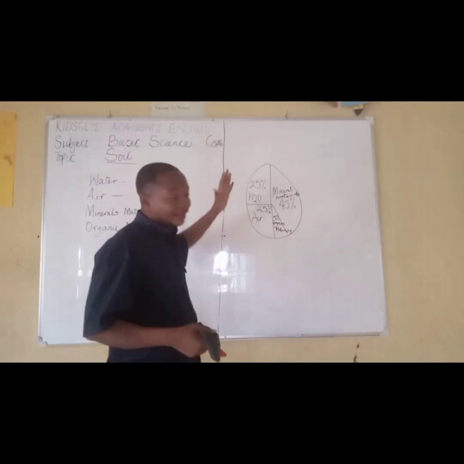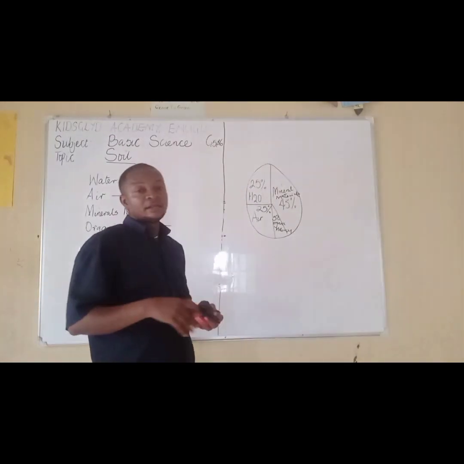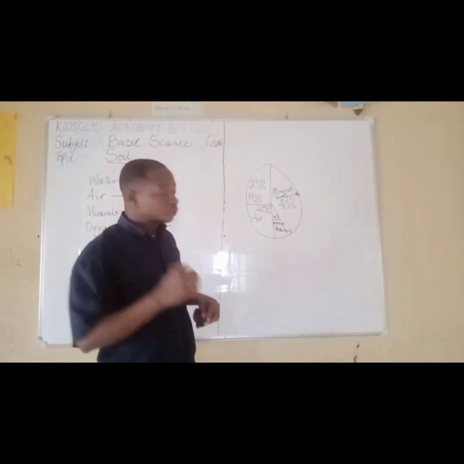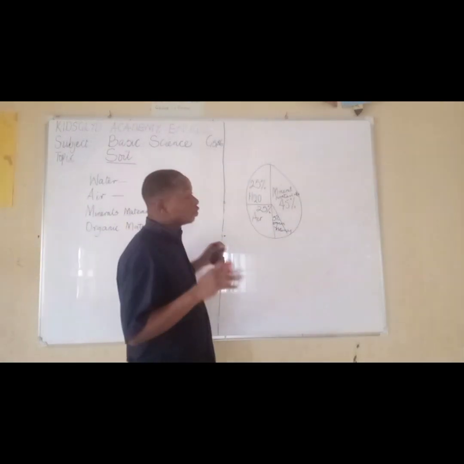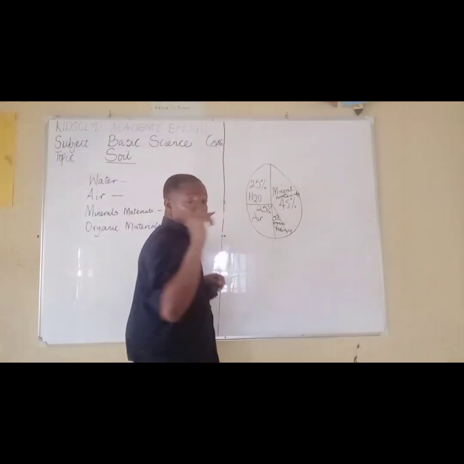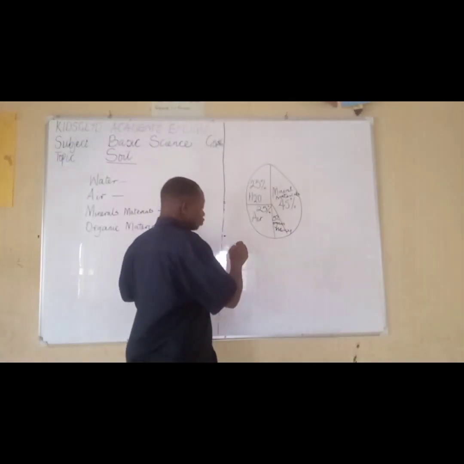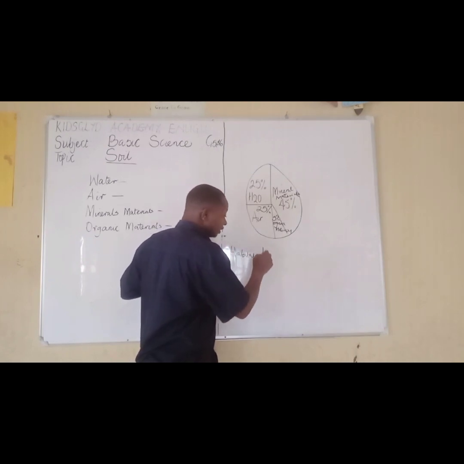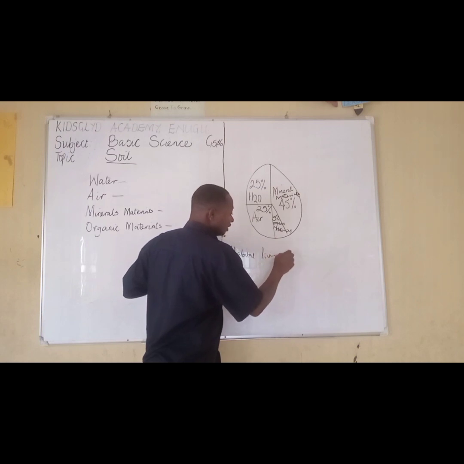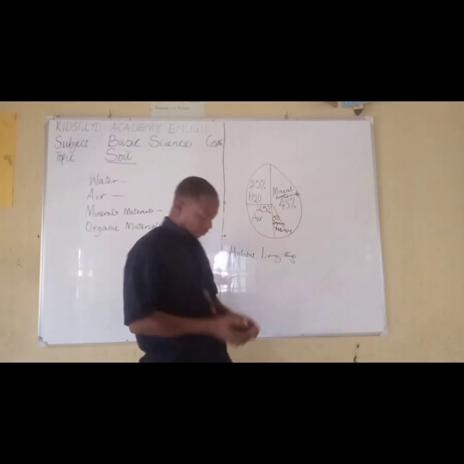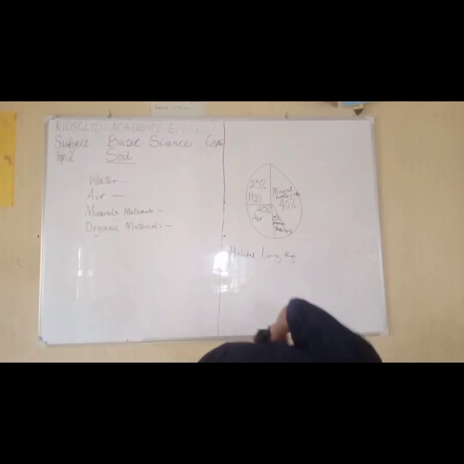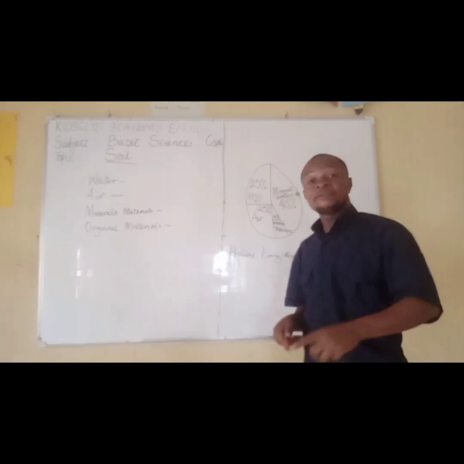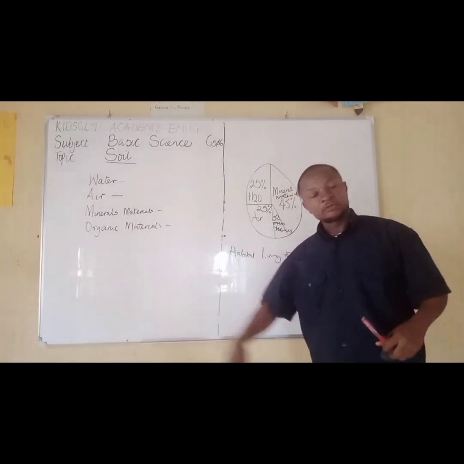Now this air, like I said earlier, is very important, and not just for plants. Let's look at the advantages of soil. Soil serves as a habitat to living things. For example, we have seen animals like crickets living under the soil.